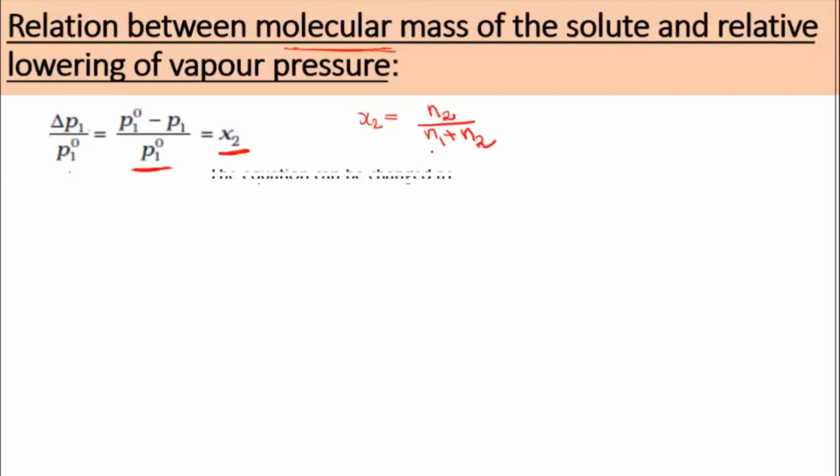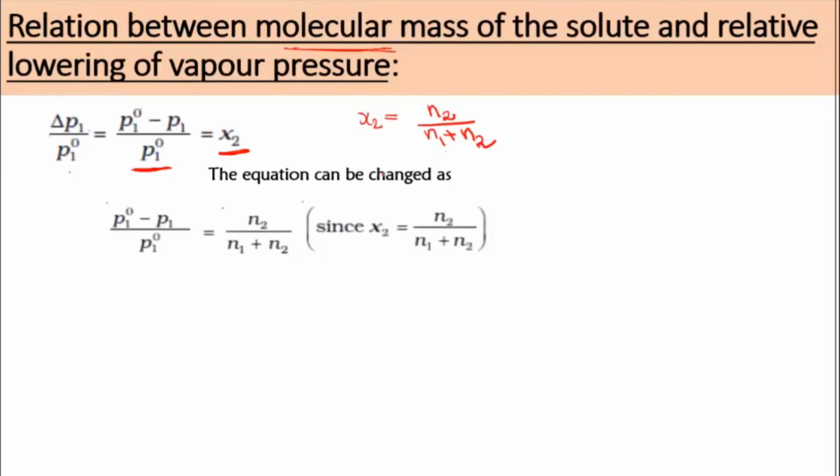Right below this, the rest will remain the same. The only thing I've changed is x2, the mole fraction of the solute, which can be written as the number of moles of the solute divided by the sum of the total number of moles of all the components. That is what I have substituted here.